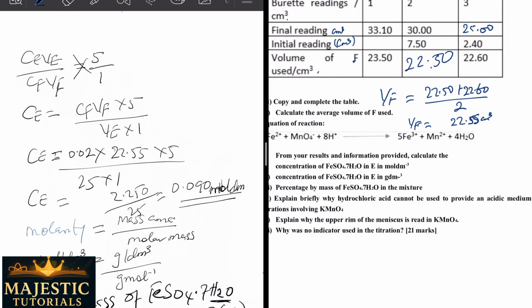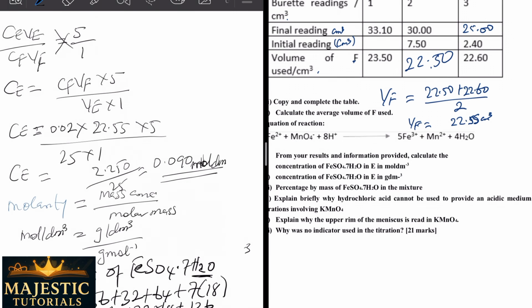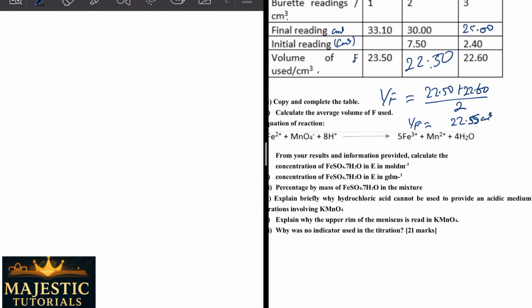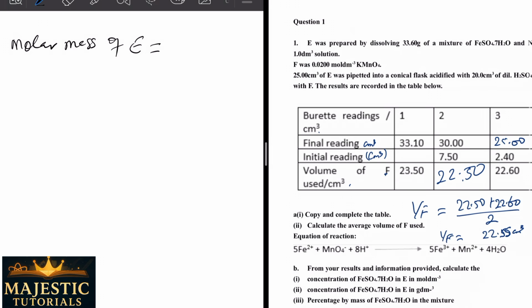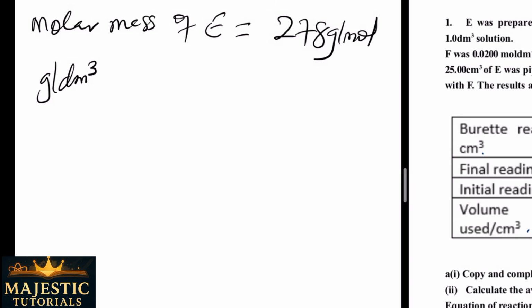I think we have to go to the next page. So our molar mass of E is equal to 278 gram per mole, such that the mass concentration, that's gram per dm cube, will now be 0.09 times 278, which is the molar mass.